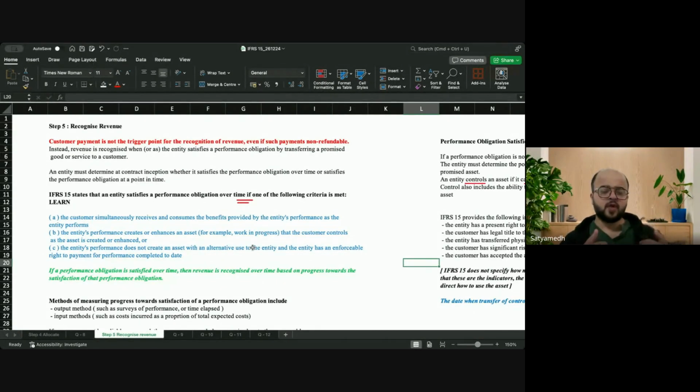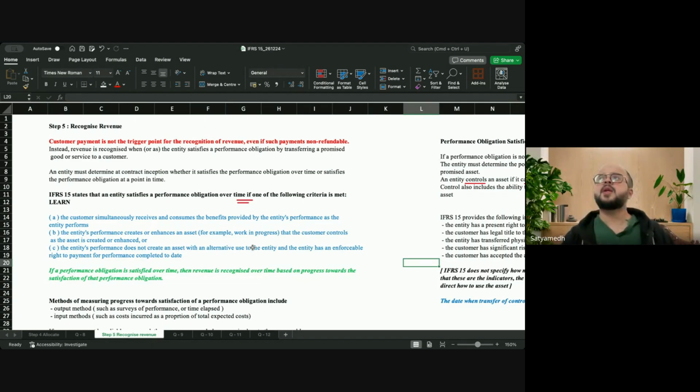Either the performance obligation is satisfied at a point in time: you come to buy this phone, I transfer the phone to you, this becomes your phone, the performance obligation is complete, I am entitled to revenue, I am entitled to collect the money from you.